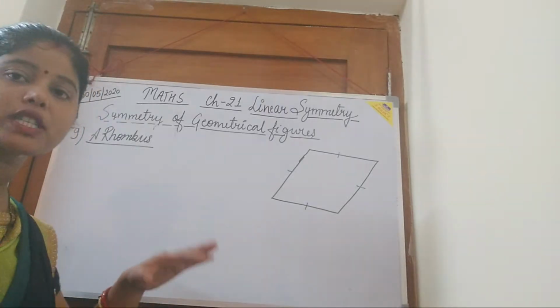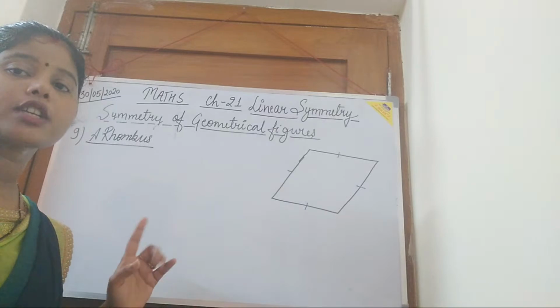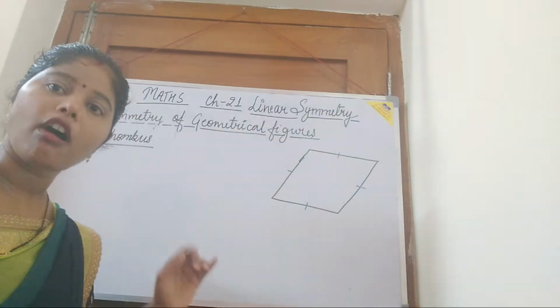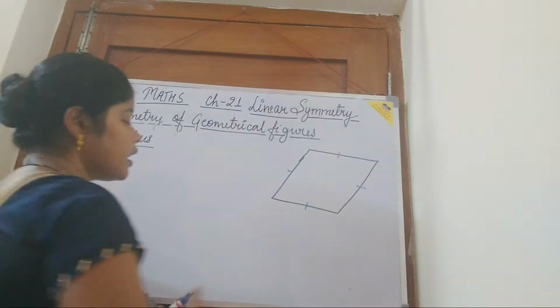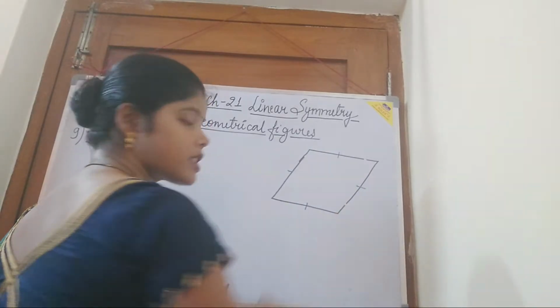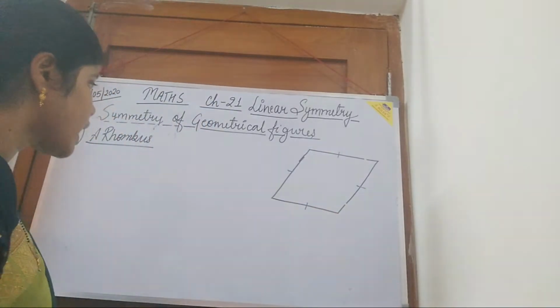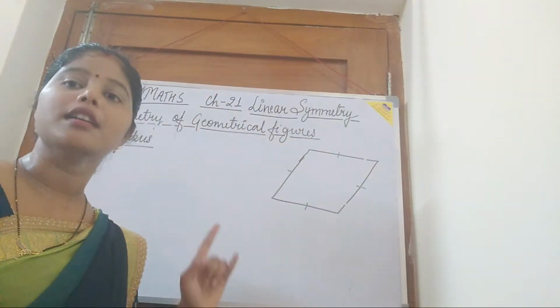A square is a rhombus, but a rhombus is not necessarily a square, because in a square all four angles are 90 degrees. But here opposite angles are equal, and all four angles are not equal to 90 degrees. So that's why a square is a rhombus, but a rhombus need not be a square.